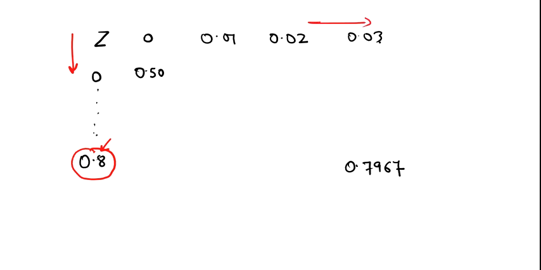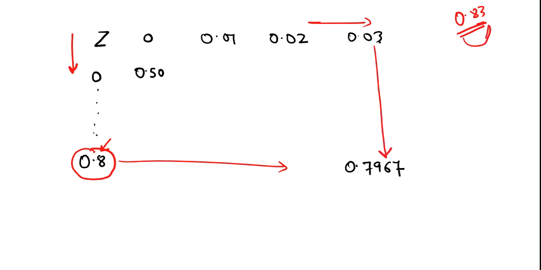So what was the value of the z? 0.83. So this is the line of 0.8 and this is the line of 0.03, means this part. So this is your actual probability. Hopefully you are understanding, and the more we do, you will understand how to read the z table. Now I'm not explaining the reason, not yet.